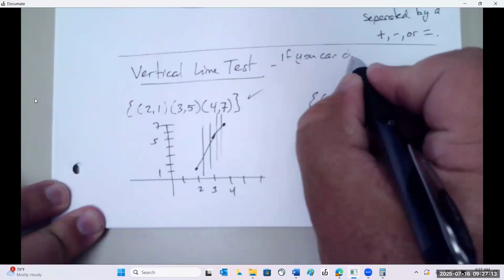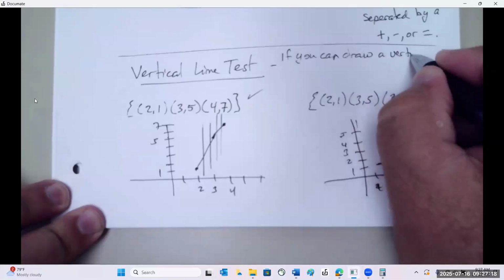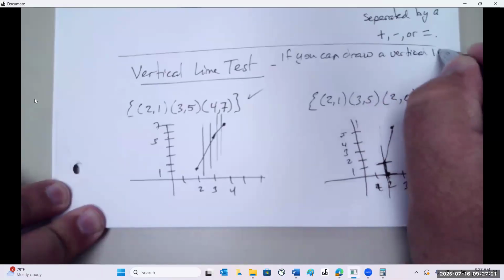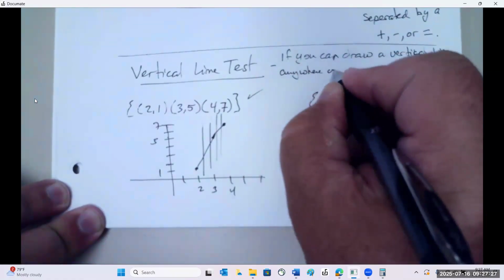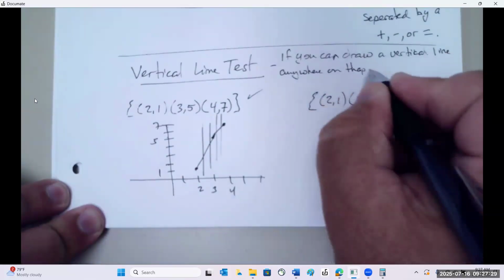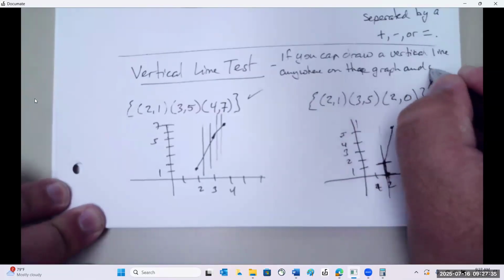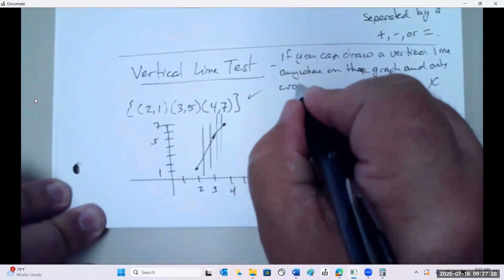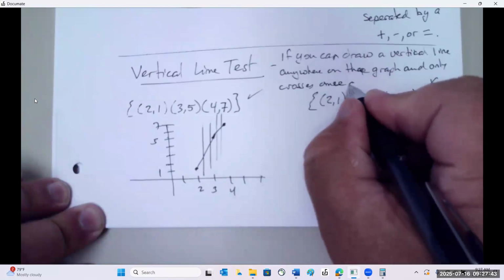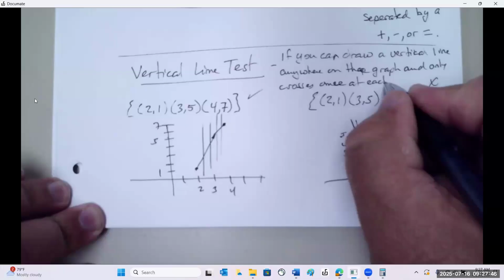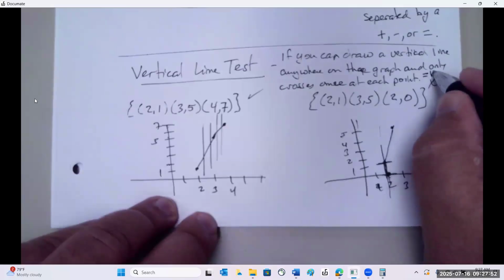If you can draw a vertical line anywhere on the graph and it only crosses once at each point, then that equals a function.